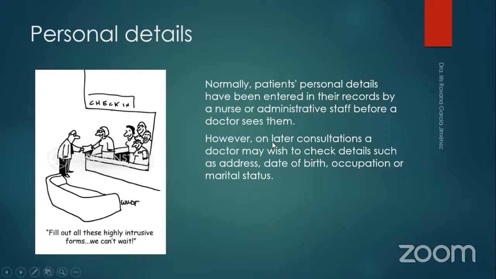However, on later consultations, a doctor may wish to check details such as address, date of birth, occupation, well, all of this information, and we all know it's important. In this first form, the clerk takes the information, organizes all the papers that are needed, checks if the health insurance is available, and then you go to the medical assistance, to your medical appointment.